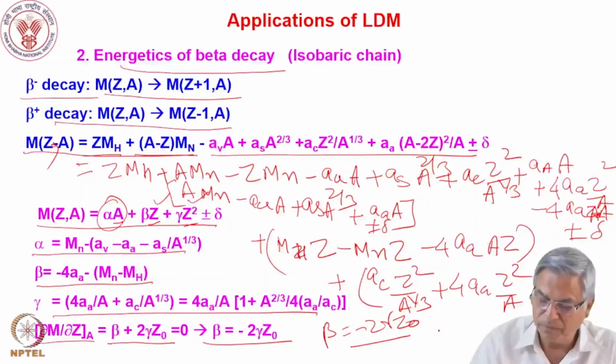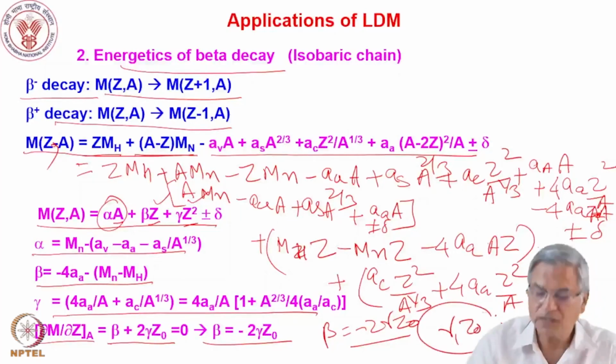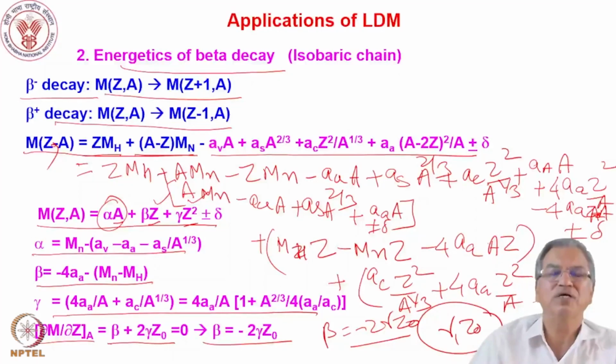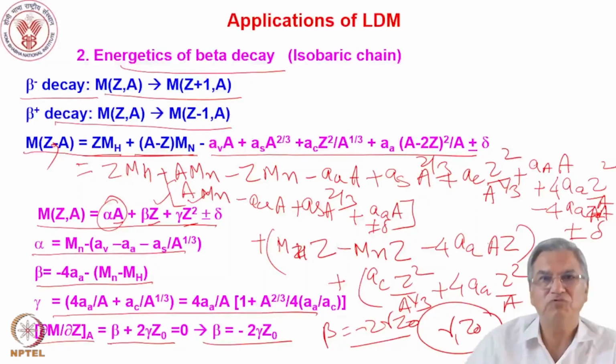So you have gamma and Z0, the two local constants. If you know gamma and Z0, then you can find out the Q beta for the particular isobaric chain. That we will discuss in the next slide.